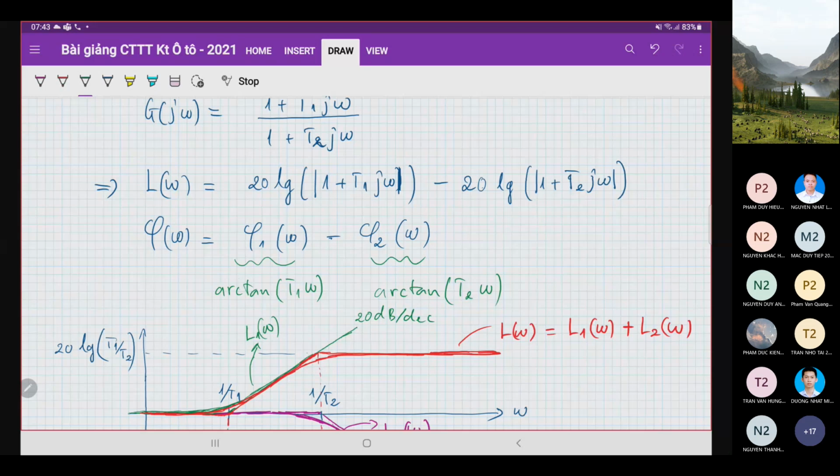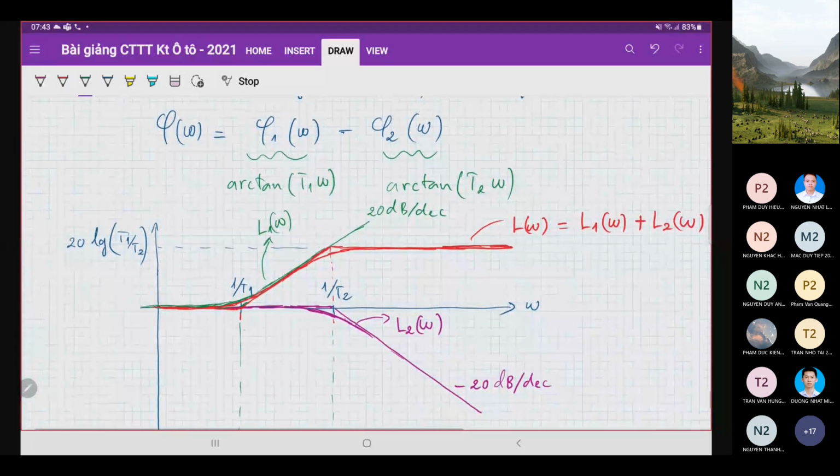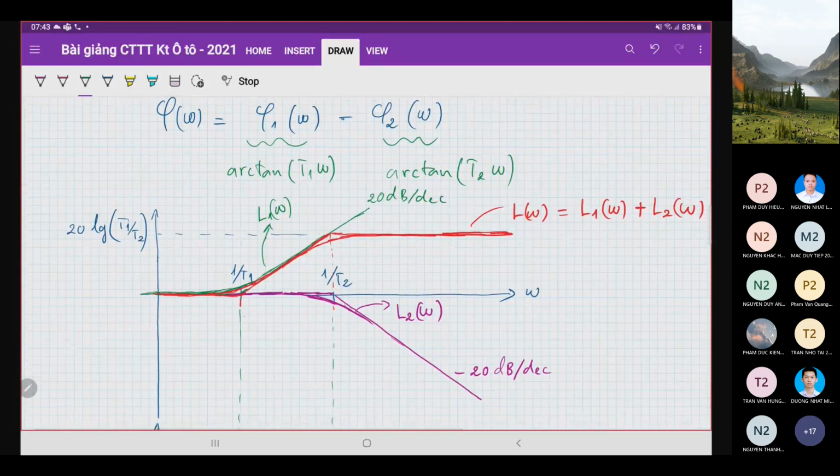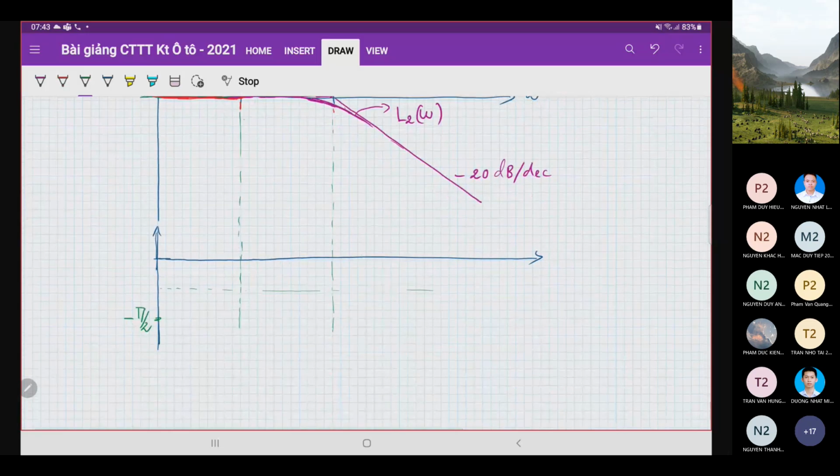T1 omega, and this one will come from 0 to pi over 2, with a plus sign.